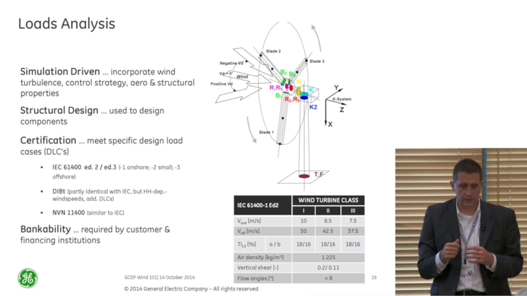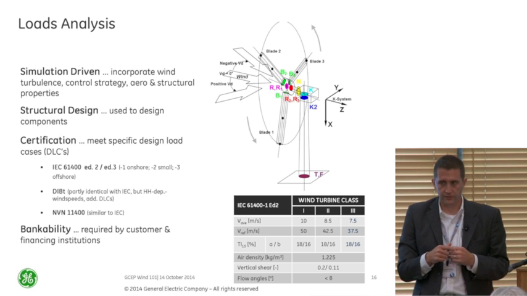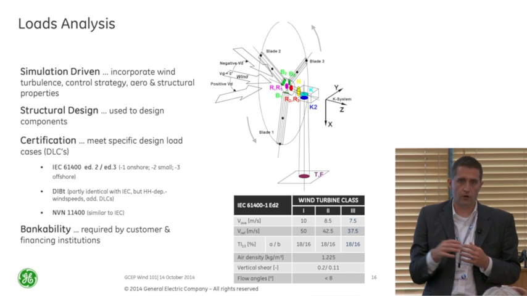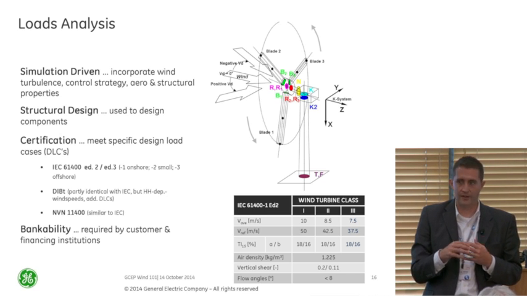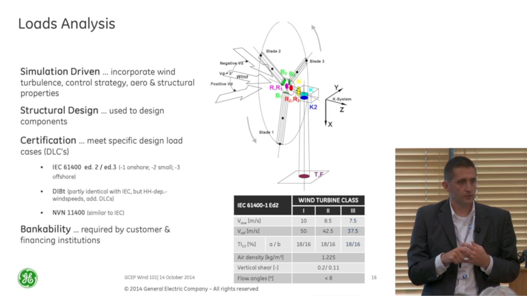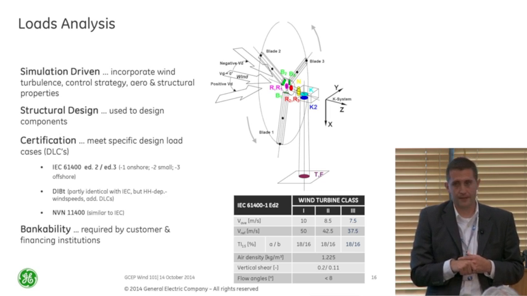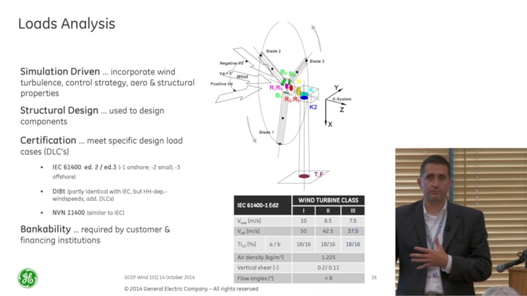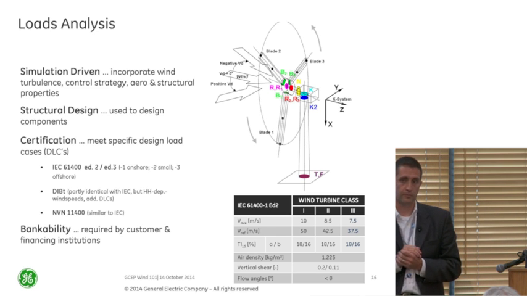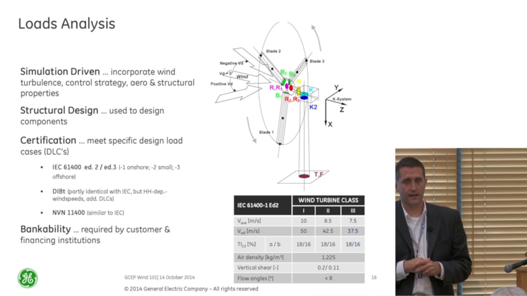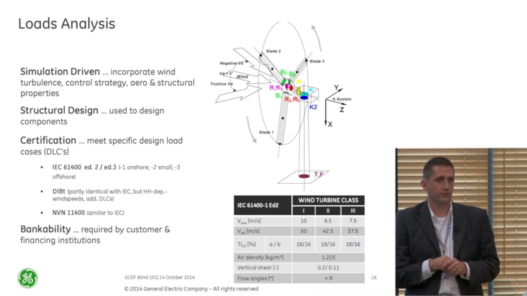It's also really important because these things are very expensive, right? Almost all of the costs associated with wind is capital cost, and so typically you need to get it financed, and it's really important to be bankable, or financially bankable, or be able to get a loan for it. If you don't have this IEC standard, it's really difficult to prove that the technology is not too risky for them to invest in.